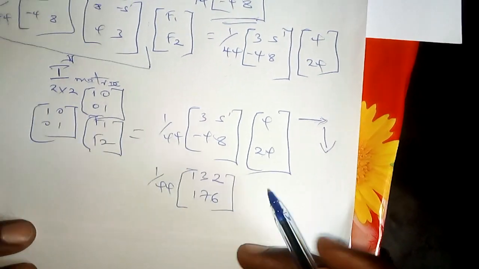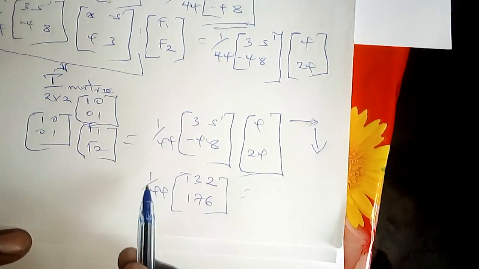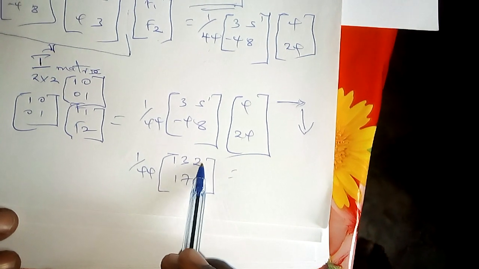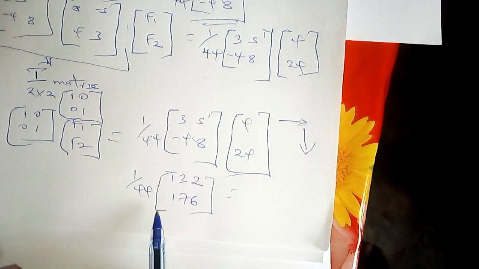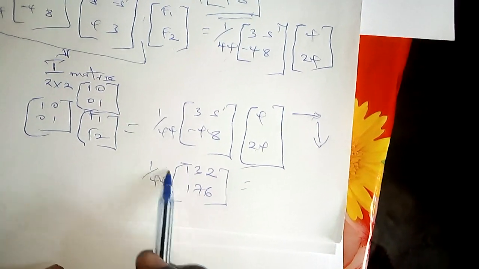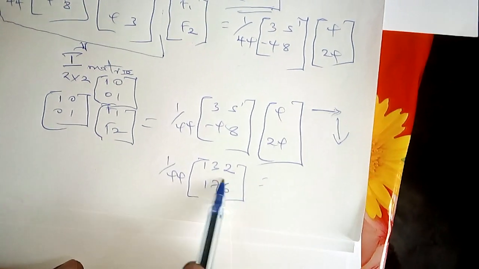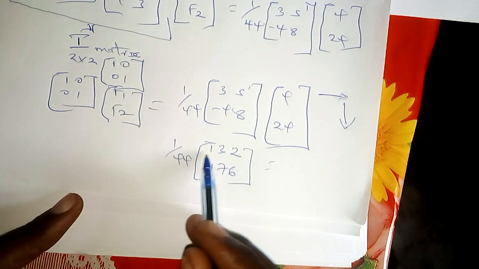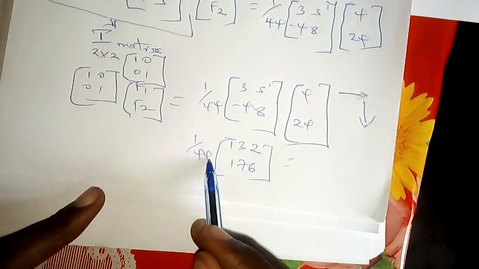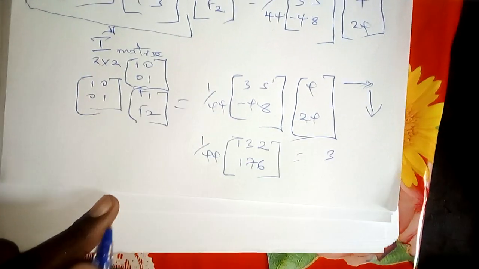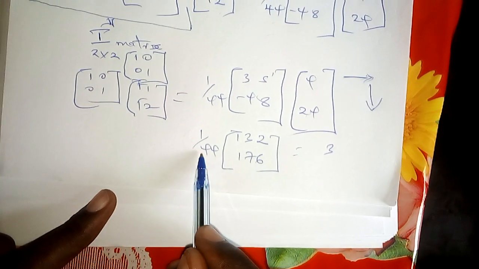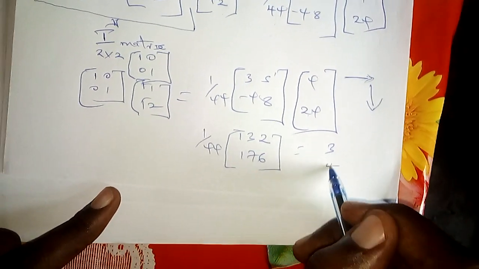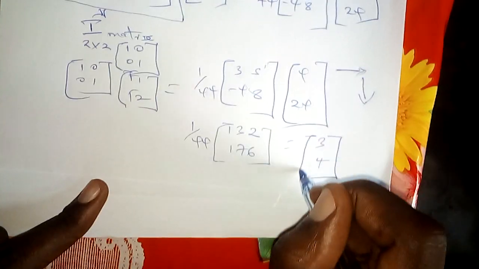It means the first element, when you multiply out, gives F1, and the second is the whole fraction multiplied by the element 176. So 132 divided by 44 is 3, and 176 divided by 44 is 4.